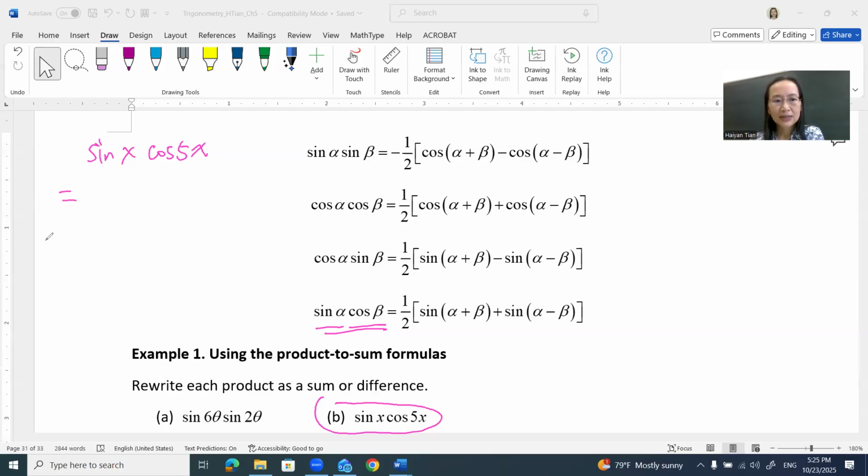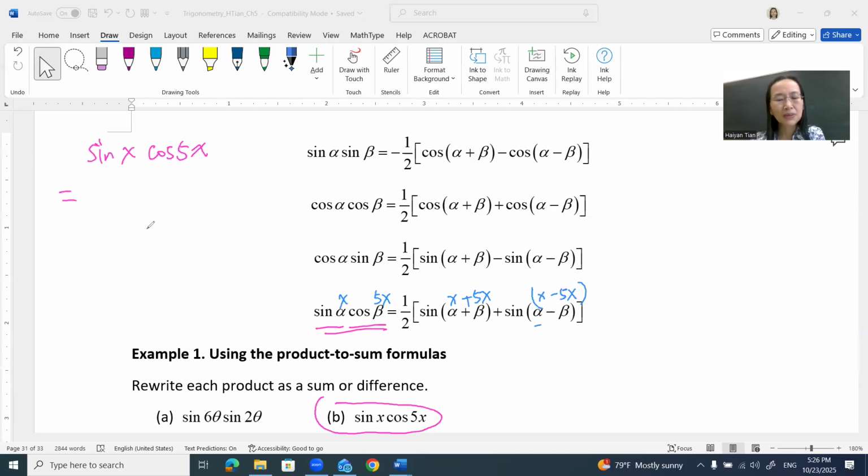The alpha is simply x here, right? Beta is 5x. So all we need is to put x and 5x to replace alpha and beta respectively in the formula. So we just replace alpha and beta.